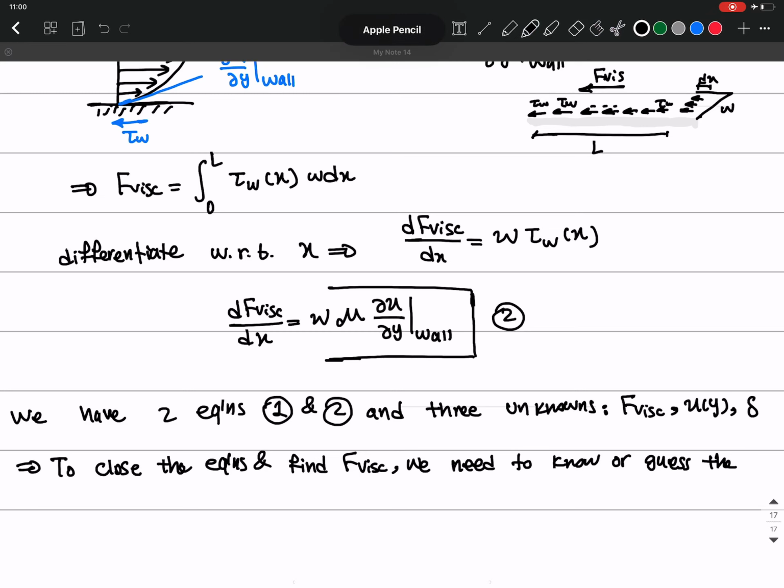So in order to find the viscosity force, we need to know or guess the shape of the velocity profile.